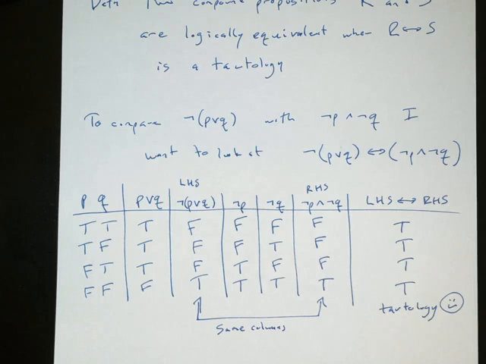If I want to be pedantic, I should actually check that I got all truths at the end. But as soon as those two columns are equal, and Brandon is right, if and only if is true when they're the same, I can short circuit that last step. Do I want you to short circuit that last step? Only if you write something like this that says, hey, look, these are the same. That's good enough.